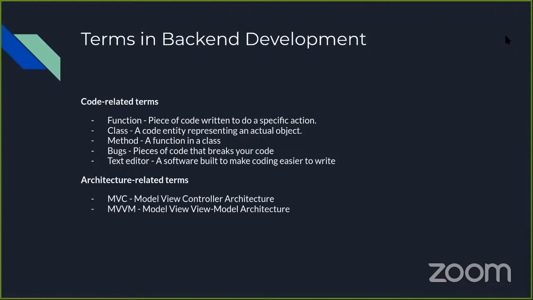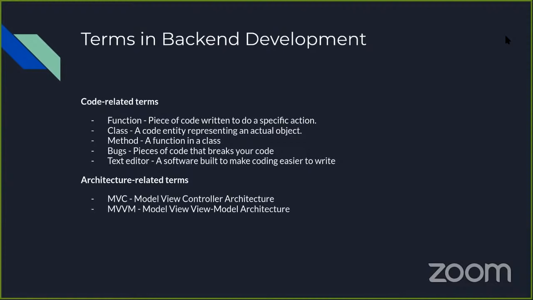So for instance, let's say you are building an app that deals with a blogging platform. You probably want to have something representing the user that is making that post, something representing the post itself. So those things are usually represented as classes within your app. You have methods. They are basically also functions, but within a class.